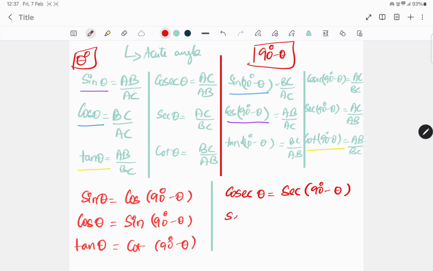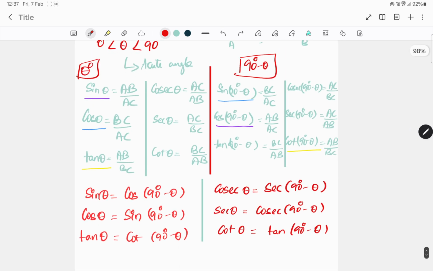Then secant theta is equal to cosecant 90 degrees minus theta. Secant theta is AC by BC, and cosecant 90 degrees minus theta is also AC by BC. Then cot theta is equal to tan 90 degrees minus theta. Cot theta is BC by AB, and tan 90 degrees minus theta is also BC by AB.